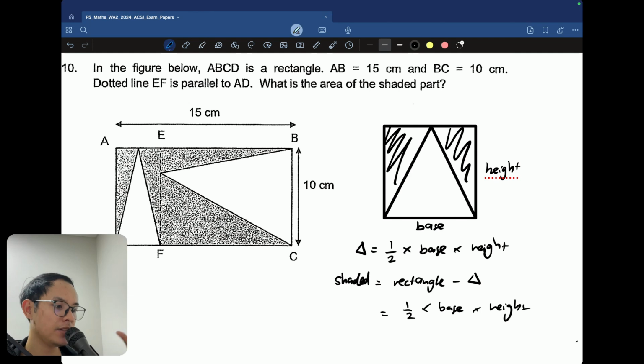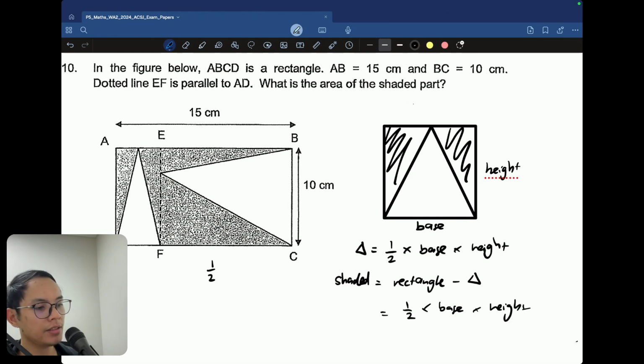Once you know this concept, we know that ADFE, the shaded area, is half of the rectangle in this case. And EFCB is also half.